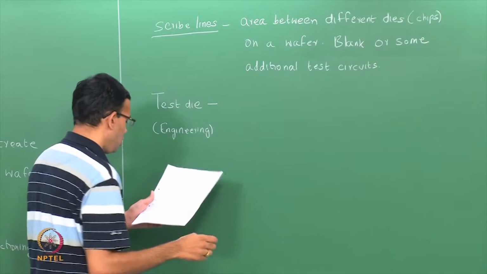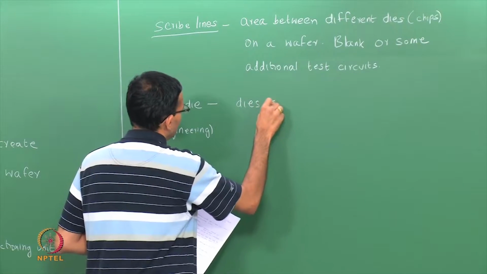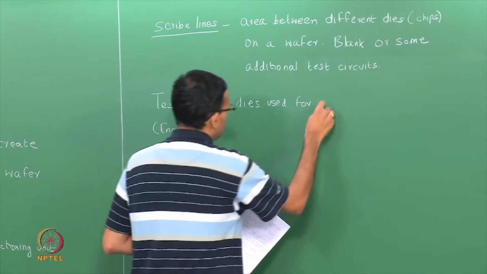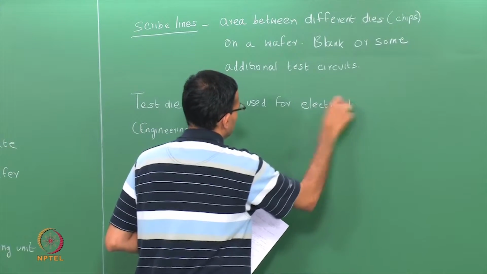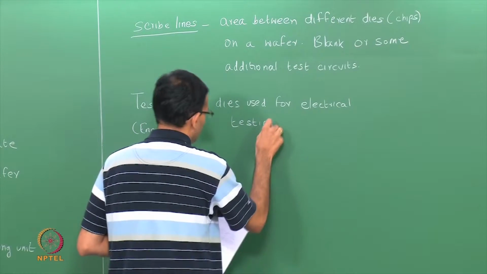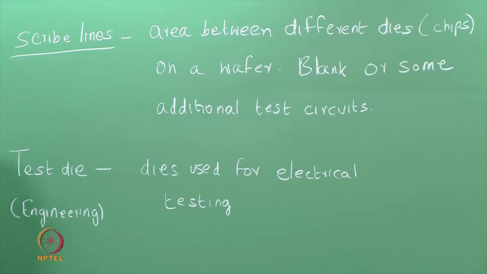These are again incorporated in the wafer, and these are dies used for electrical testing. So, this is especially useful when you are looking at product control or process control.